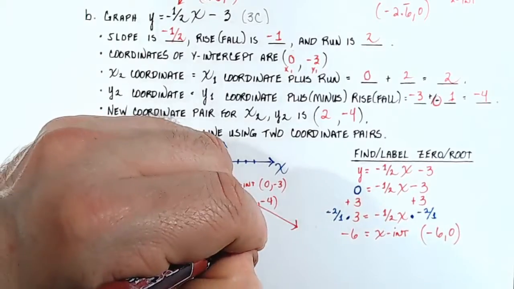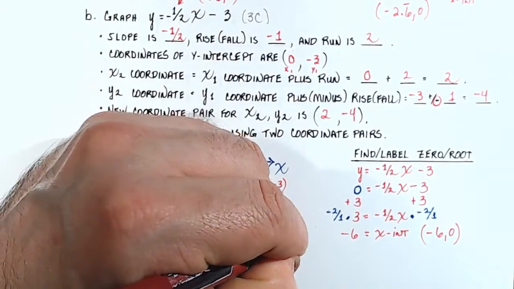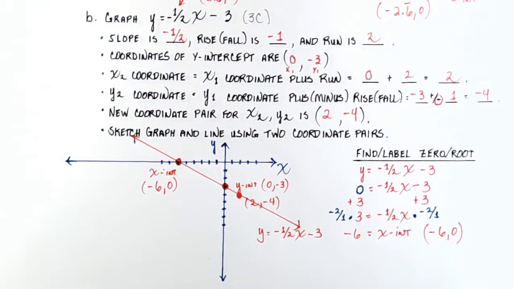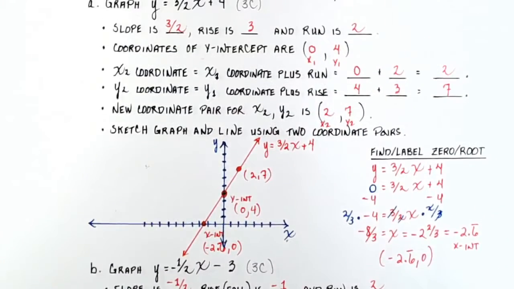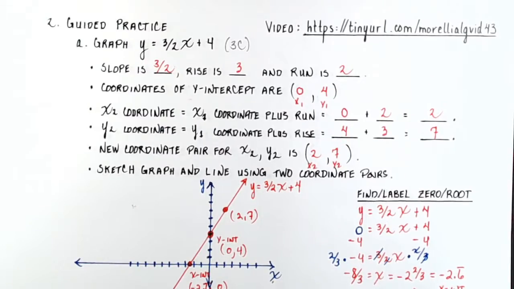Okay, label your line y equals negative 1/2 x minus 3, and you are done. Okay, so that is how you do the guided practice problems for Unit 2, Lesson 5.